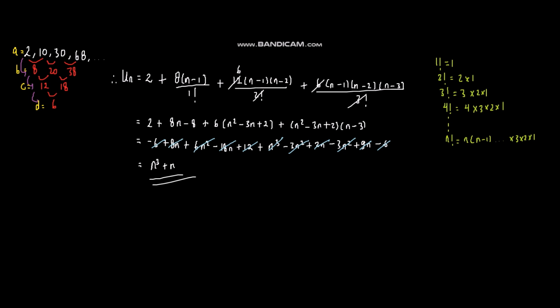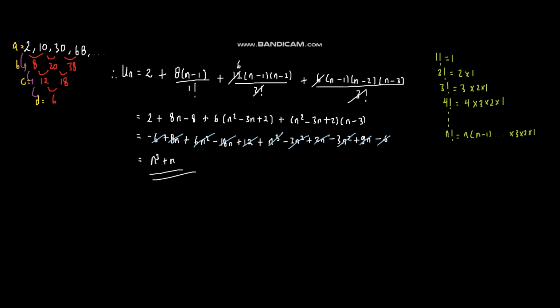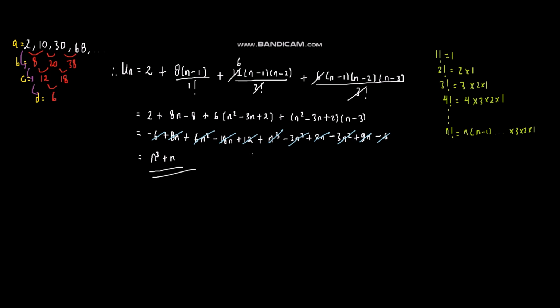Yeah. So if you want to check, let's compute the first 5 terms. First term, when n equals 1, it's 1 cubed plus 1, which is equal to 2. That's our first term. As you can see, it's equal to this.